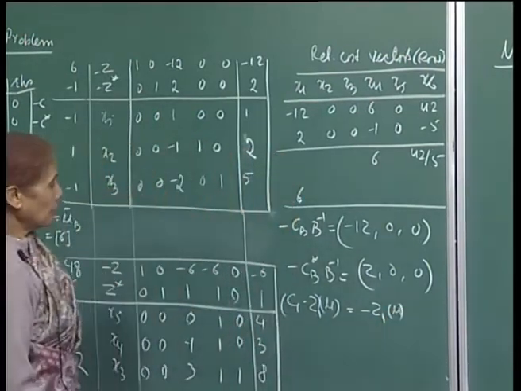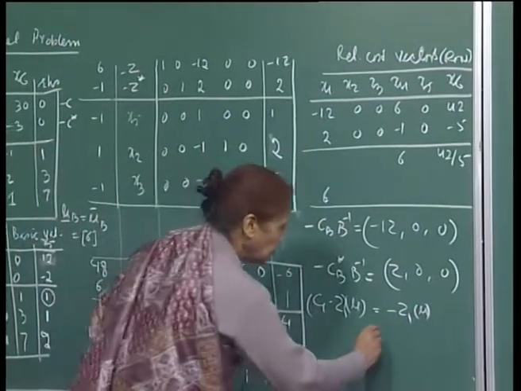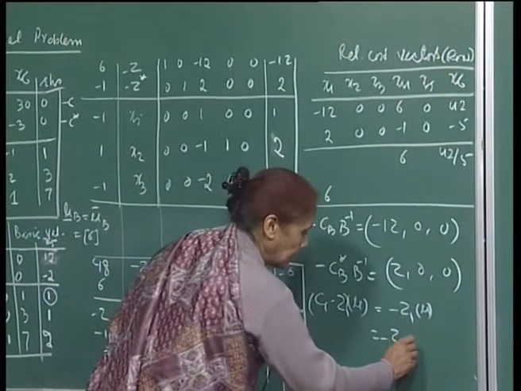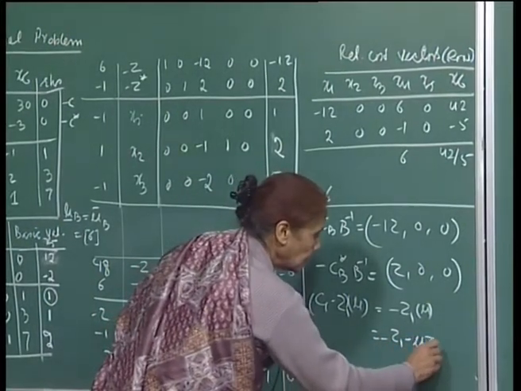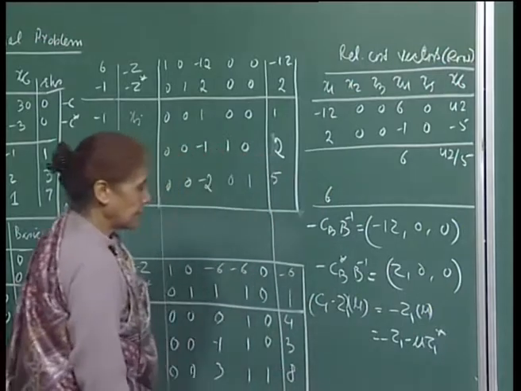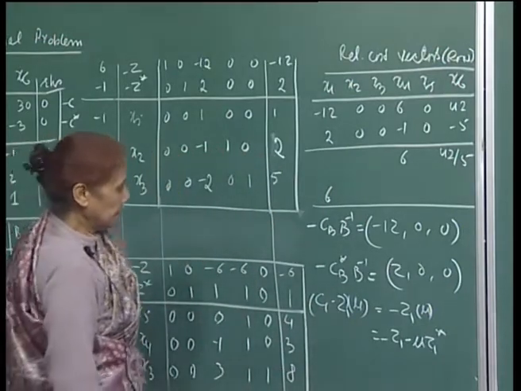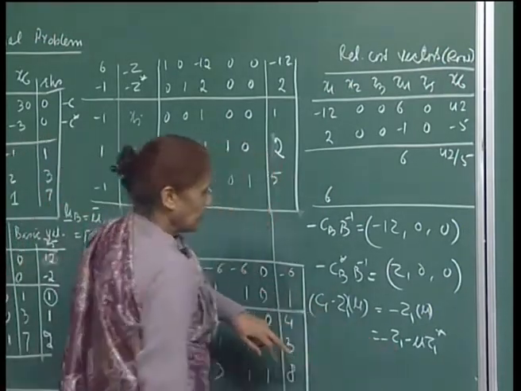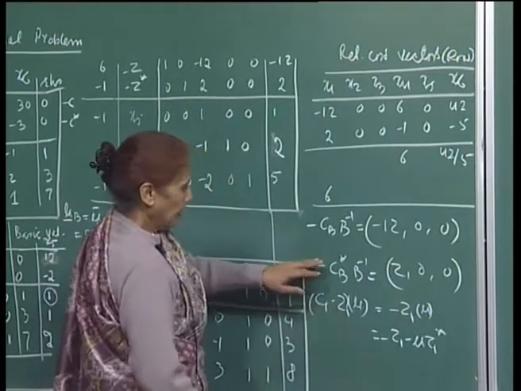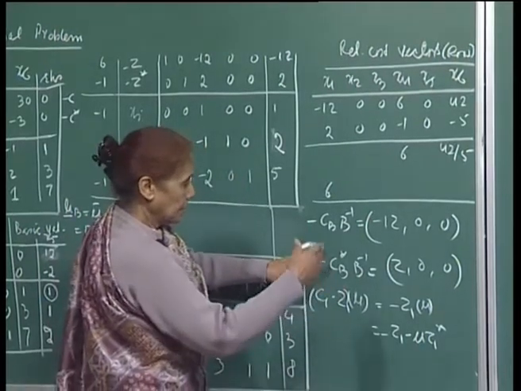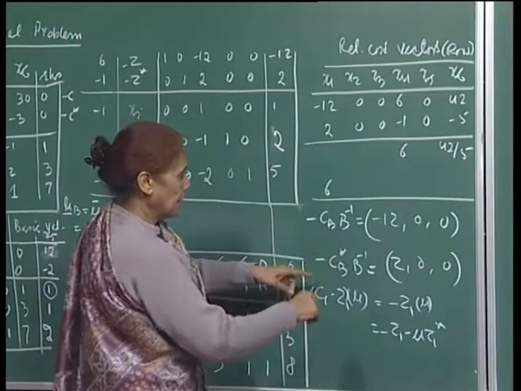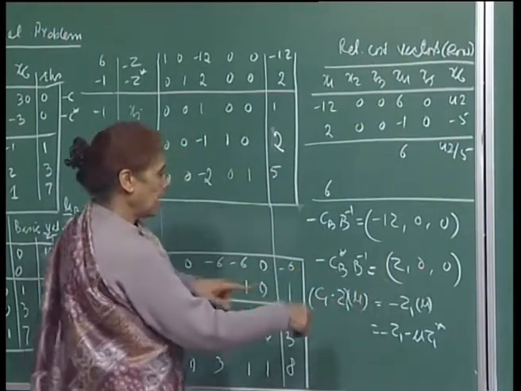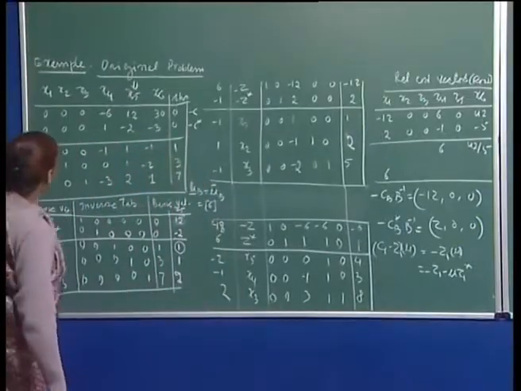So, this is equal to minus Z1 minus mu Z1 star, this is what you have, right. So, what is minus Z1? Minus Z1 is simply minus of CB B inverse multiplied by the column for A1.